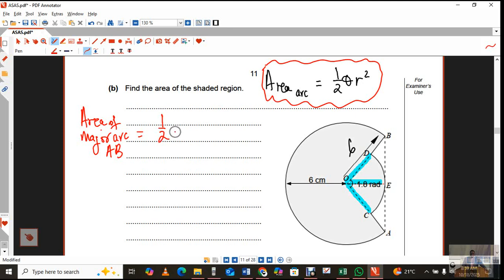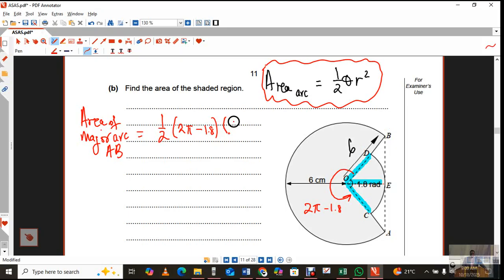And what is the angle? Now here's the thing, the whole thing from here to here is 2 pi, so this is going to be 2 pi minus 1.8. That's what that angle is going to be. So it is 2 pi, which is the whole 360 degrees, minus 1.8 radians.